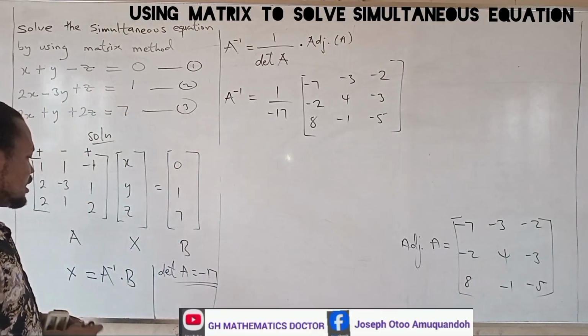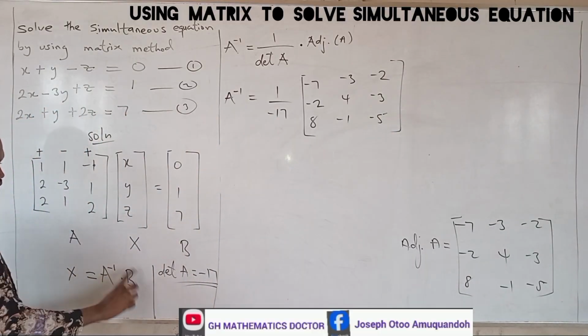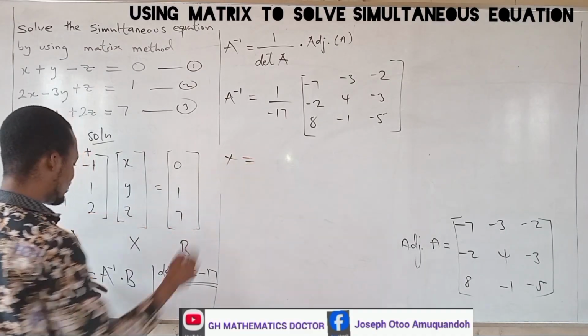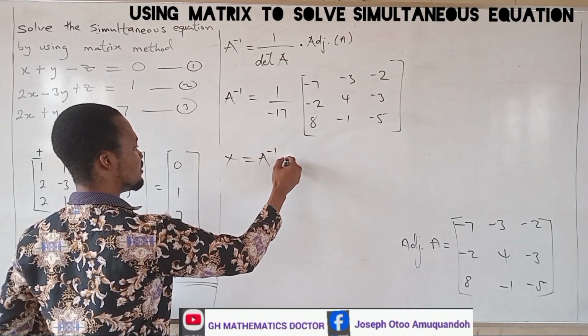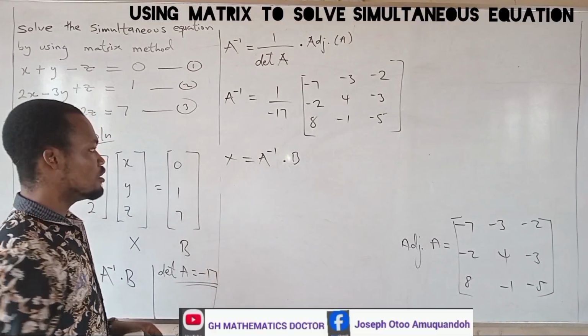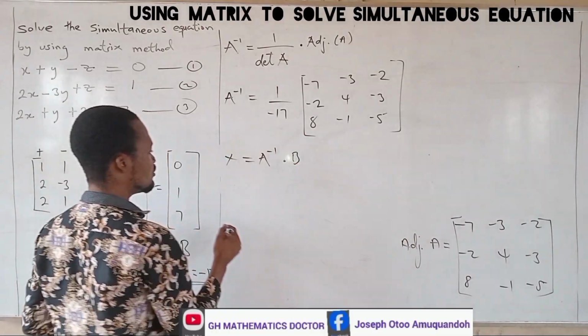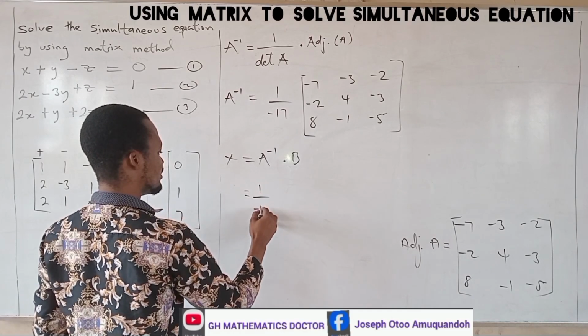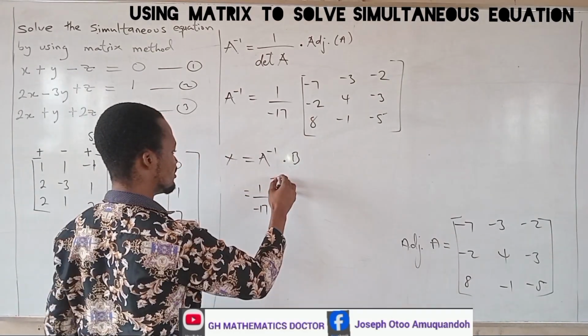Alright, so for us to find x, we need to take this formula. We said that x is equal to A inverse multiplied by B. So A inverse is this multiplied by B. So I'm going to write the A inverse as all of this.